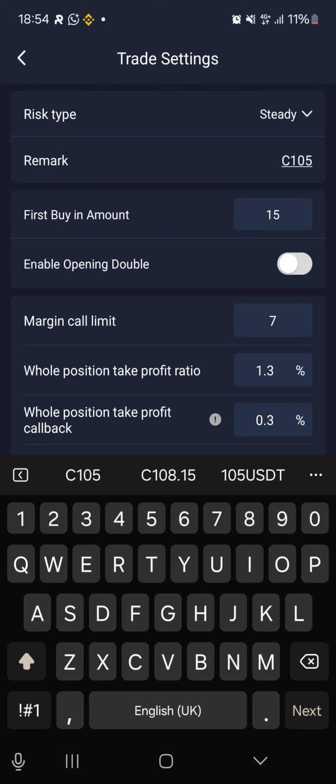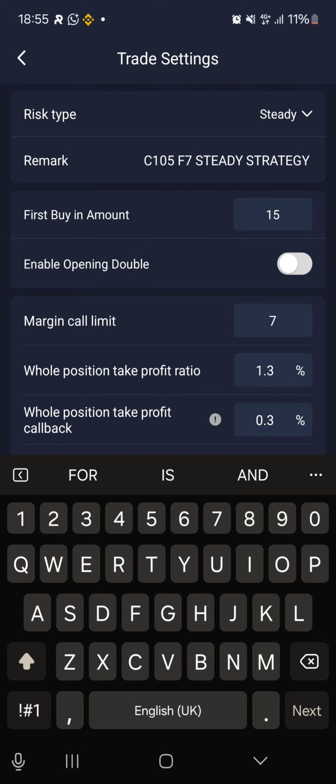I want to use $105, and then space F, which is first buying amount, or FBA. I want to use $7. That's my strategy. I'm going to be in a steady risk profile. So this is my strategy name: C105 F7 steady strategy.